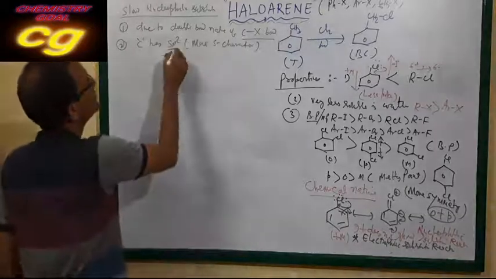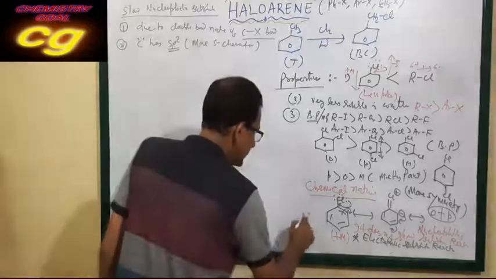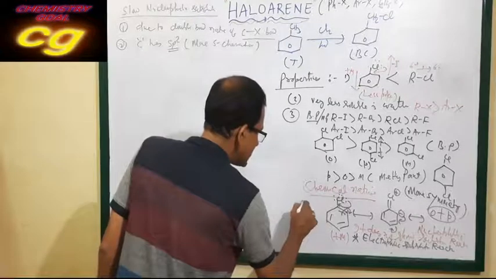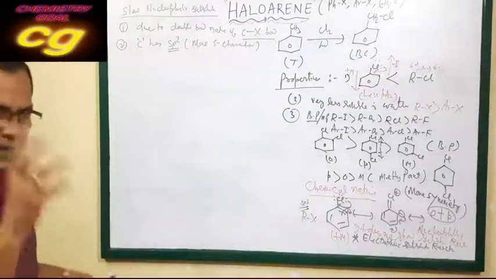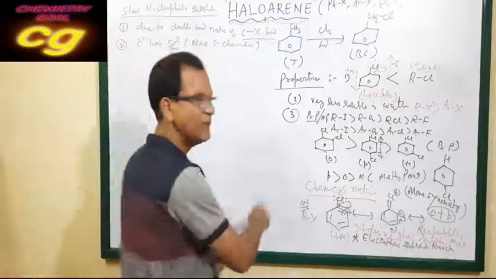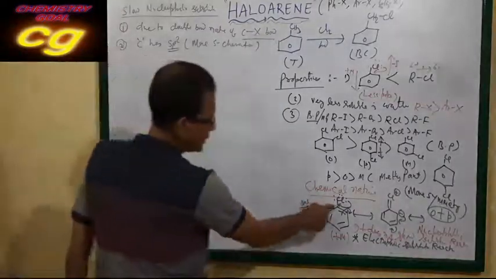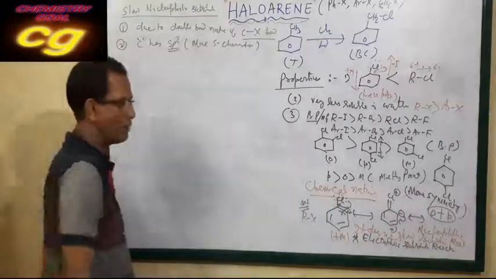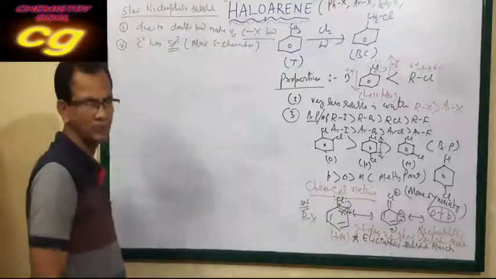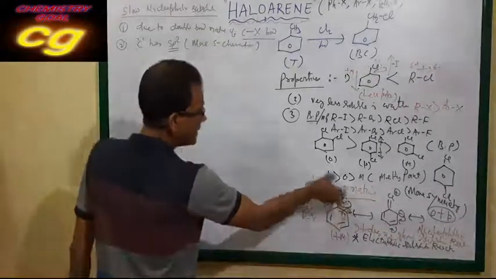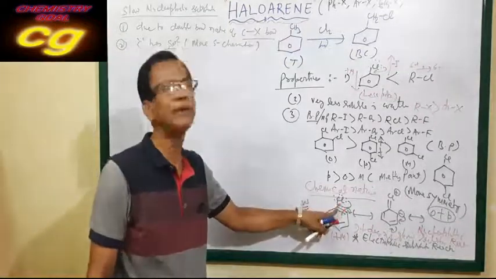But in the case of R-X, it is sp3 hybridization, which means less s character, so less electronegativity. Here the bond strength between chlorine and carbon increases.